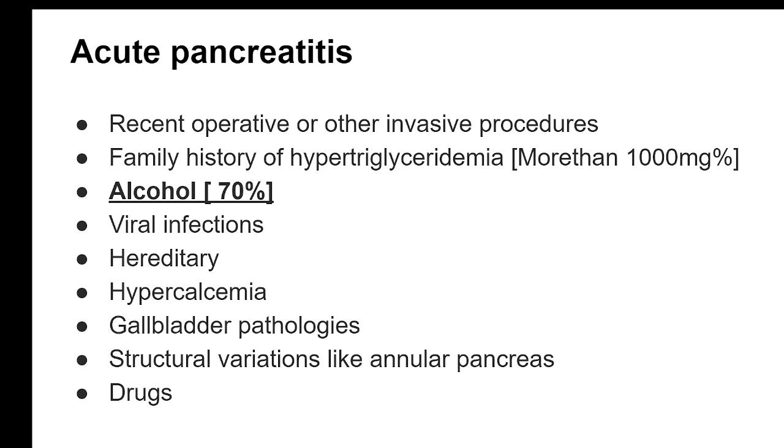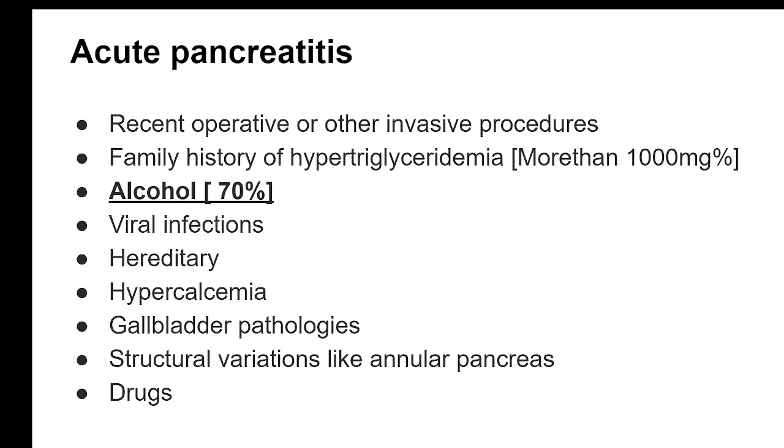Family history of hypertriglyceridemia, patients who have a high level of triglycerides, and quite important, very high triglycerides, more than 1000 milligram%, would often be related to an episode of acute pancreatitis. That relationship is known, and it may not occur in a moderate rise in the triglyceride level. When it goes to a very high level like 1000 milligram, then it can trigger pancreatitis.